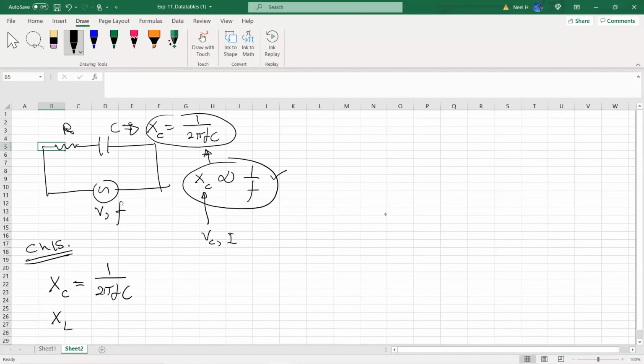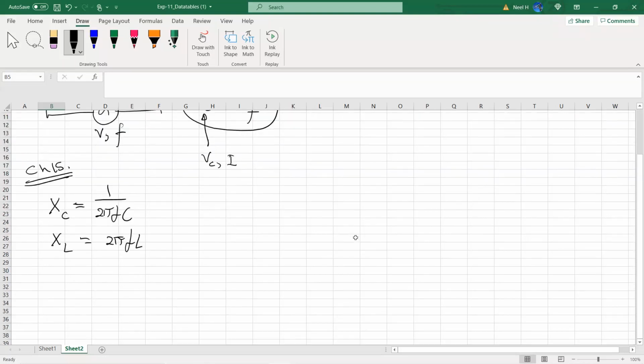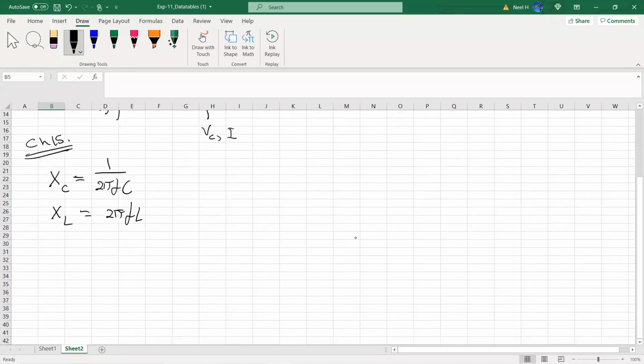And X of L should be a function of frequency, 2 pi F L. And if I combine all of these into an RLC series circuit, then we get an answer that looks like the square root of R squared plus (XL minus XC) squared. So this also is a function of frequency.